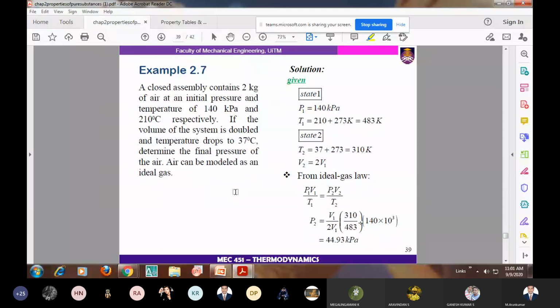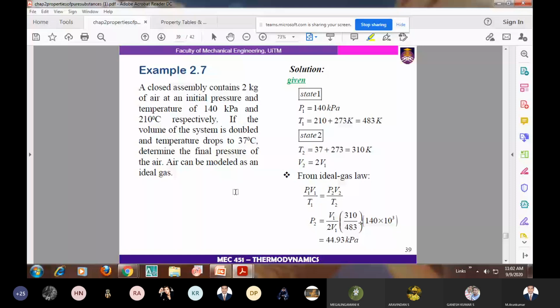So we can move to the next question. A closed assembly contains 2 kg of air at an initial pressure and temperature of 140 kilopascal and 210 degrees Celsius respectively. So they gave 2 kg of air, that is the mass, and the initial pressure and temperature, P1 will be 140 kilopascal and T1 will be 210 degrees Celsius.